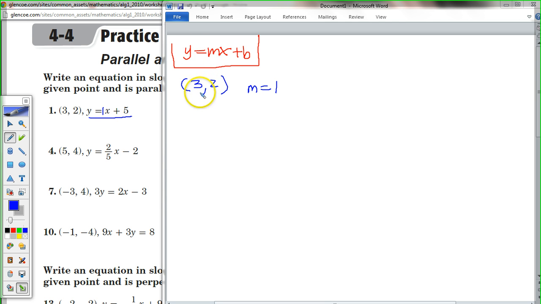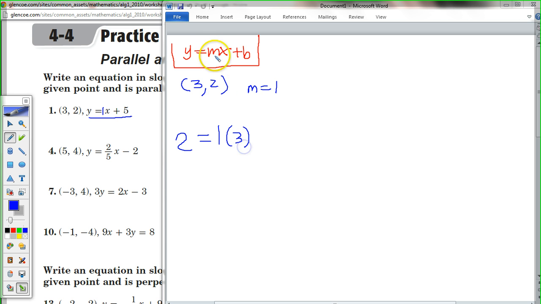So we can put this in this equation, or you can use your point-slope form and rewrite it into slope-intercept form. Either way, it's going to be the same answer. I'd rather just put this equation in here. So y is 2, m is 1, your x is 3.